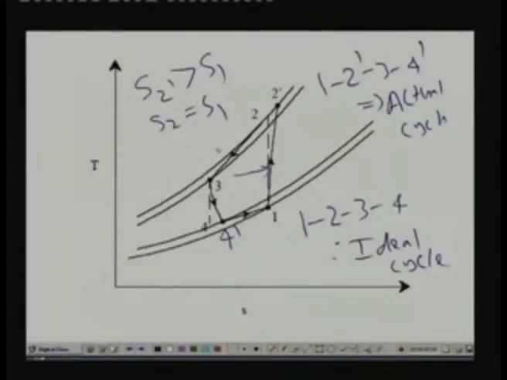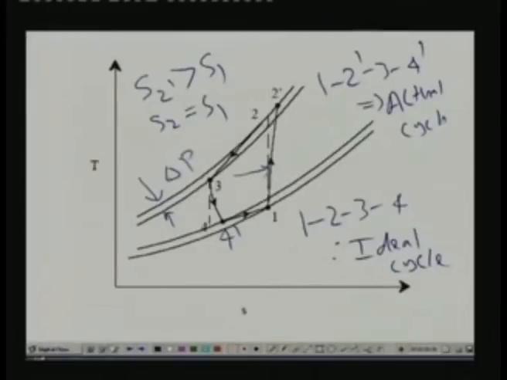So what is the consequence of this difference? You will find that temperature T2 dash will be larger than temperature T2. Because of the irreversibility, the exit temperature is higher compared to the ideal isentropic process. And in process 2 to 3, the heat rejection should ideally take place along a constant pressure line, but because of fluid friction there is a pressure drop here.